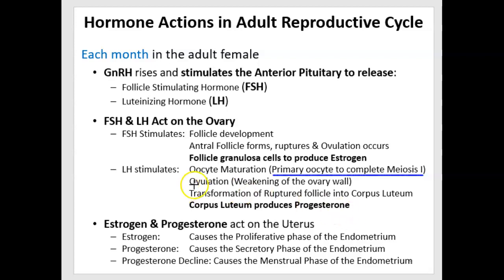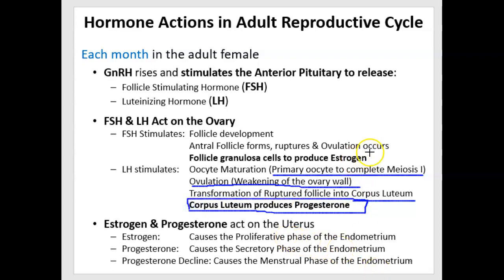LH also stimulates ovulation by weakening the wall of the ovary, making it easier for rupture of the follicle and release of the oocyte. Ultimately, LH will then transform a ruptured follicle into a structure called the corpus luteum. And it's the corpus luteum in the ovary that makes progesterone.